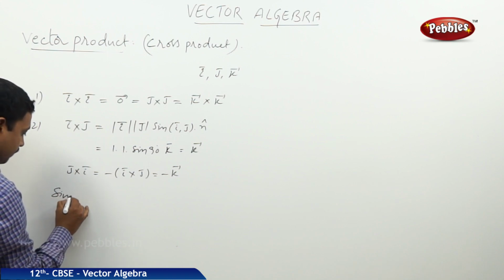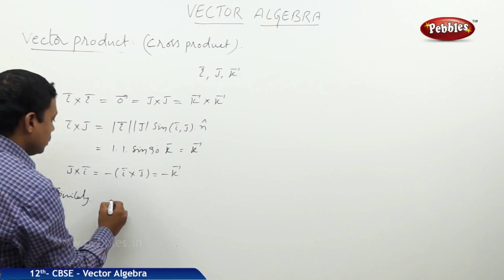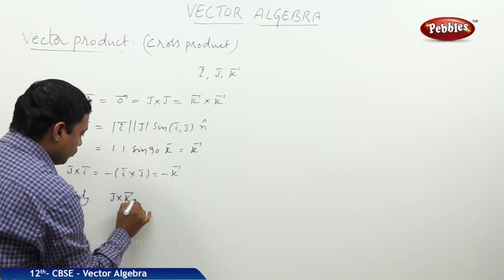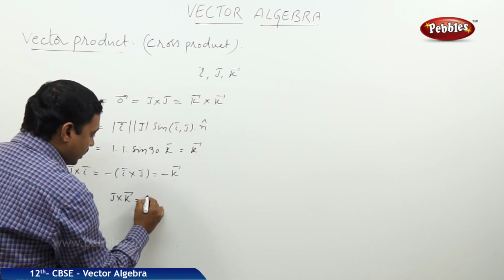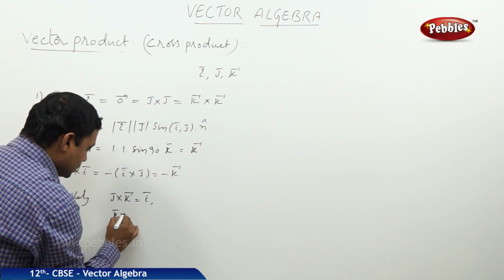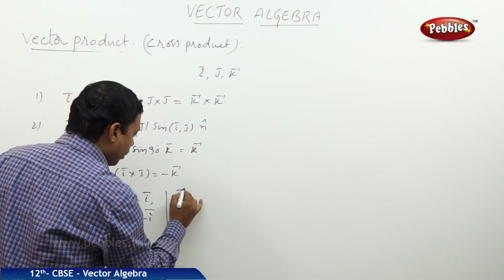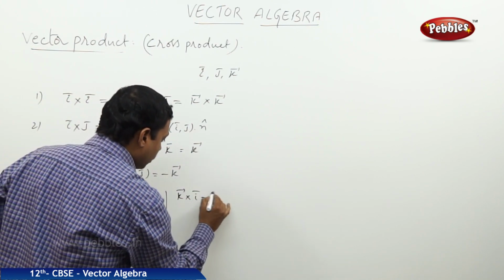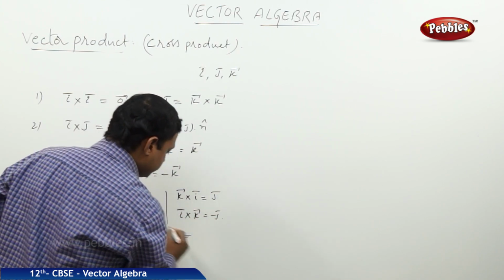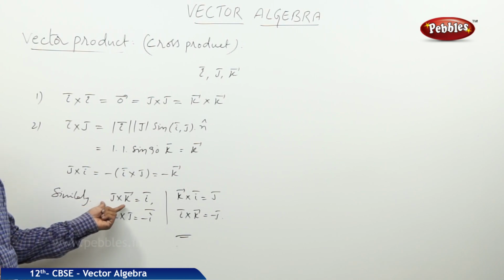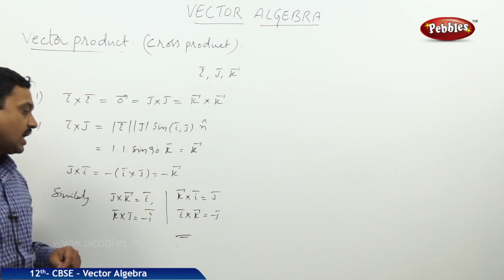Similarly, j cross k is equal to i vector, and k cross j equals minus i vector, and k cross i is equal to j vector, i cross k is equal to minus j vector, because the unit vector perpendicular to j and k in a right-handed system is i.